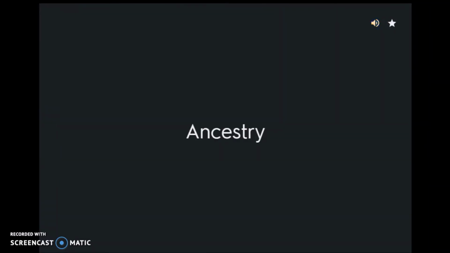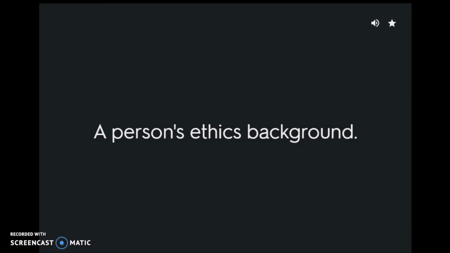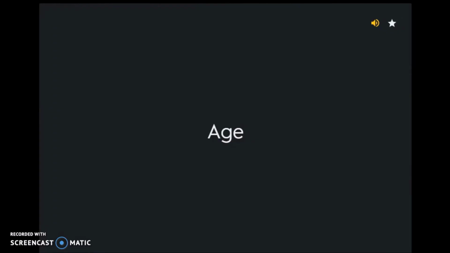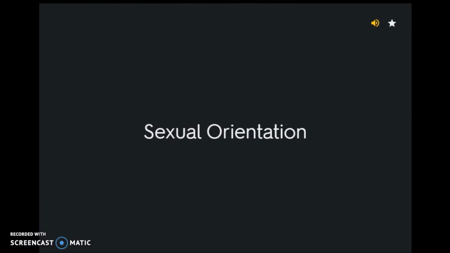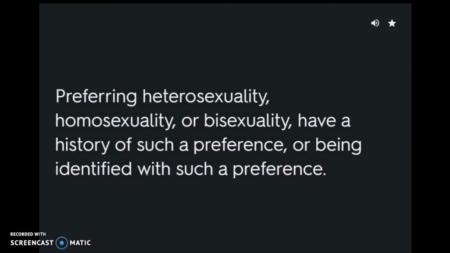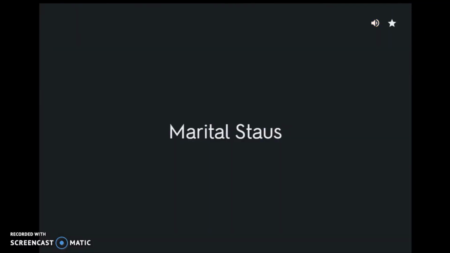Ancestry. A person's ethnic background. Age. Any person at least 18 years of age. Sexual orientation. Preferring heterosexuality, homosexuality, or bisexuality, having a history of such a preference, or being identified with such a preference. Marital status.